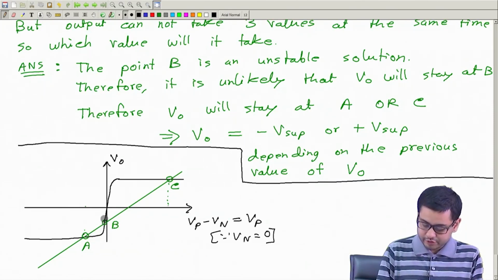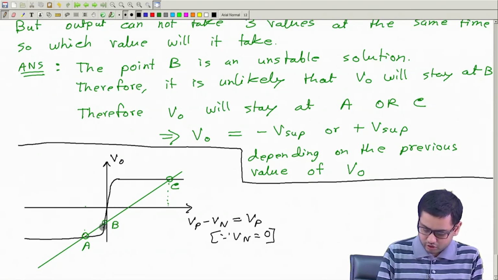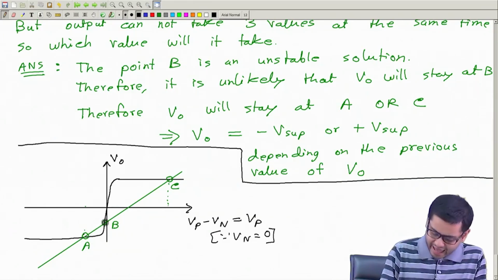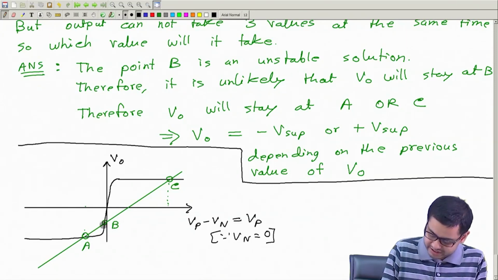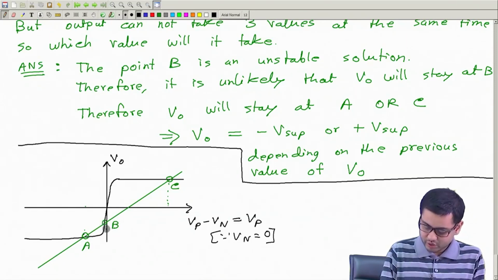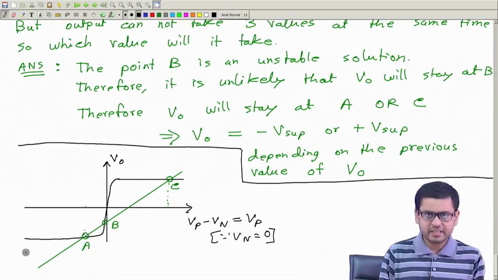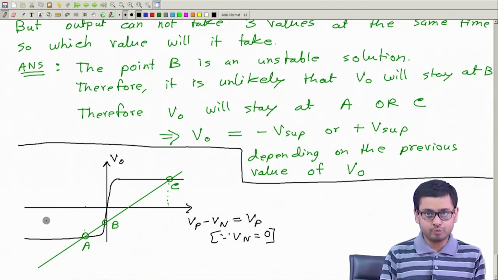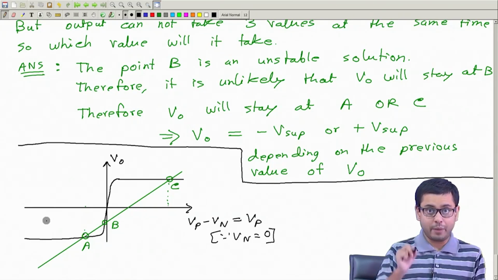Assume that at some moment the solution is at point B. But then due to some disturbance, whatever the reason is, say the output VO changes a bit.